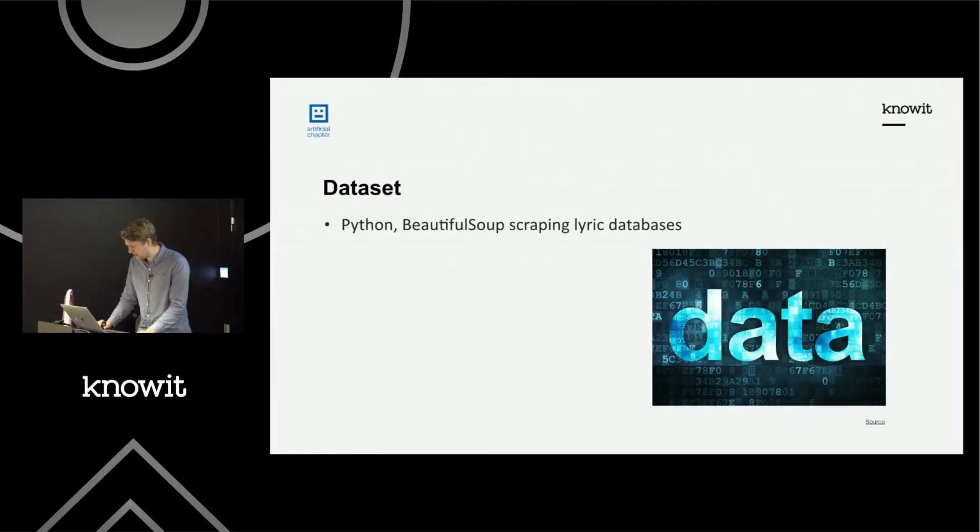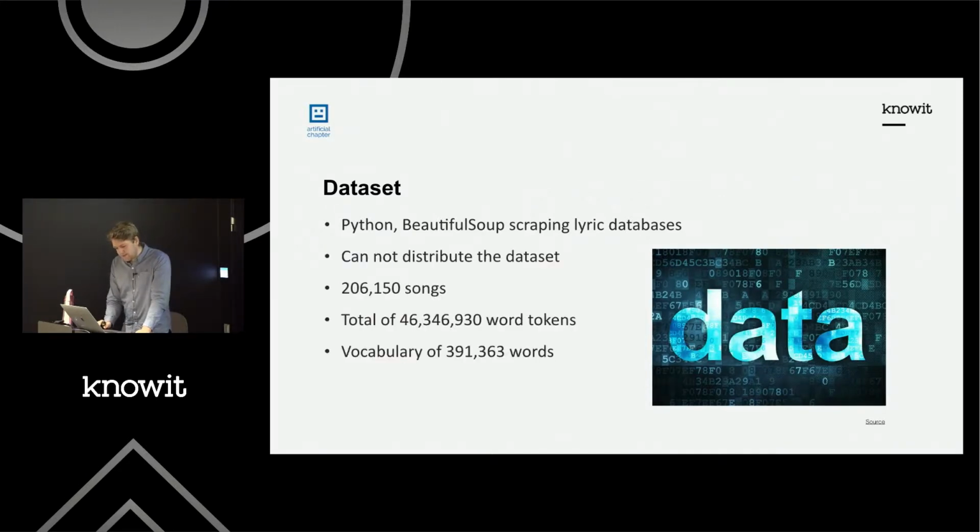Yeah, so the data set I used. I used Python and Beautiful Soup to scrape lyric databases online. I can't distribute it because it's copyrighted by the artists. When I was done scraping, I had 206,000 songs with 46 million words and a vocabulary of almost 400,000 words.